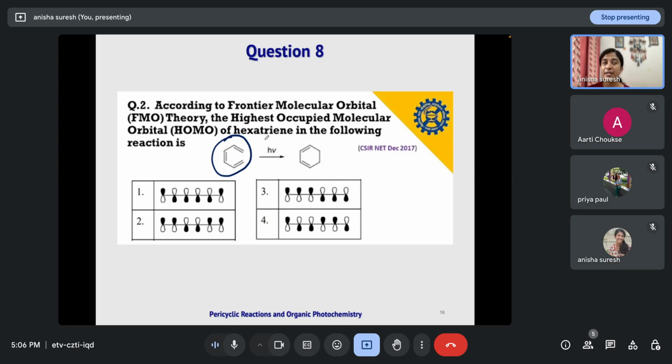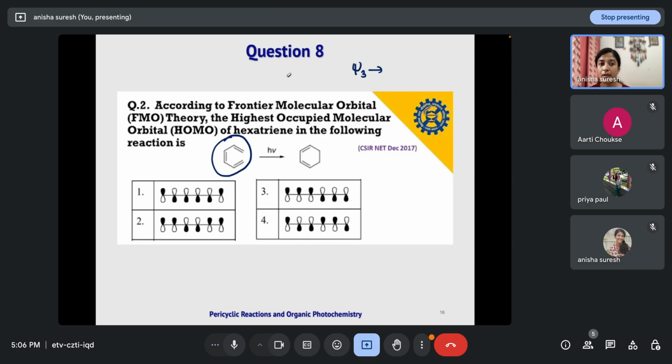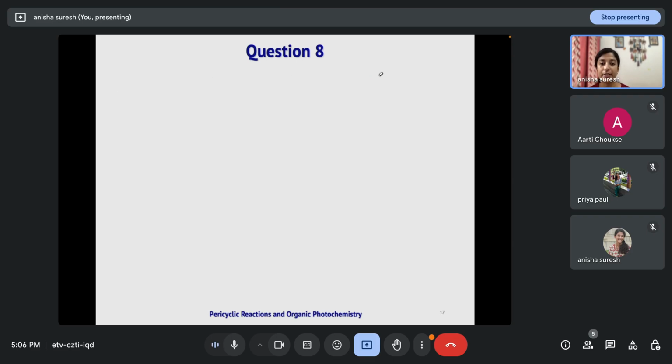Like psi 1, psi 2, psi 3, psi 4, psi 5, psi 6 are there, out of which which is the HOMO of hexatriene? Psi 3 will be the HOMO in the normal case, okay? Let me go to the next slide, we will explain that. So hexatriene will have a total of 6 electrons, right?